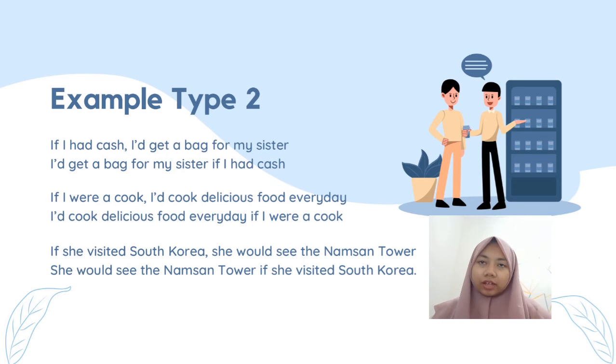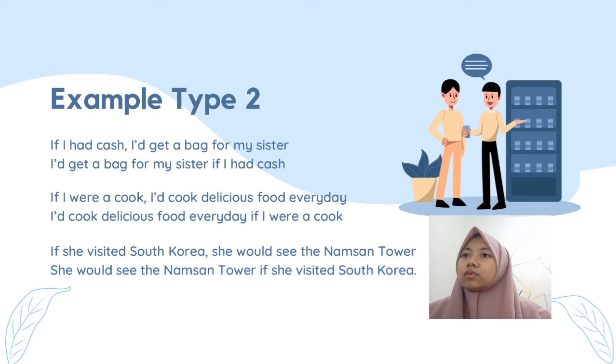It means, in fact, I don't have cash, so I cannot get a bag for my sister. If I were a cook, I'd cook delicious food every day. So it means, in fact, I am not a cook, so I can't cook delicious food every day. Or I'd cook delicious food every day if I were a cook.